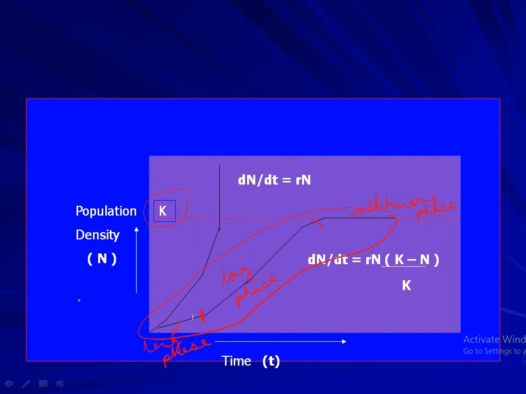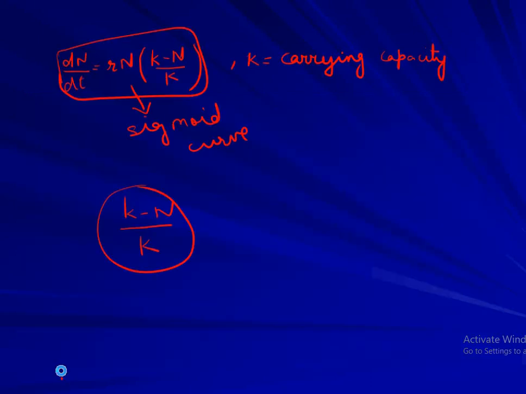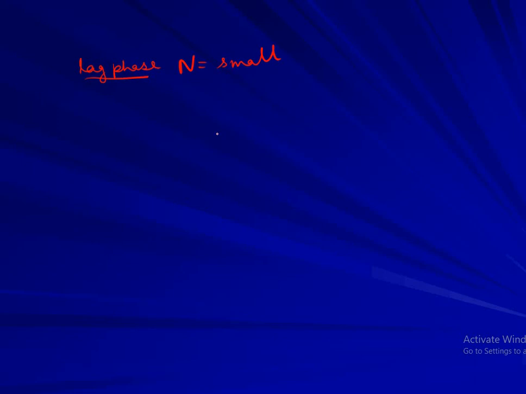As N is small, dN by dt is also small. However, it will increase but slowly. Therefore, it is the phase of slow growth because dN by dt is increasing slowly.